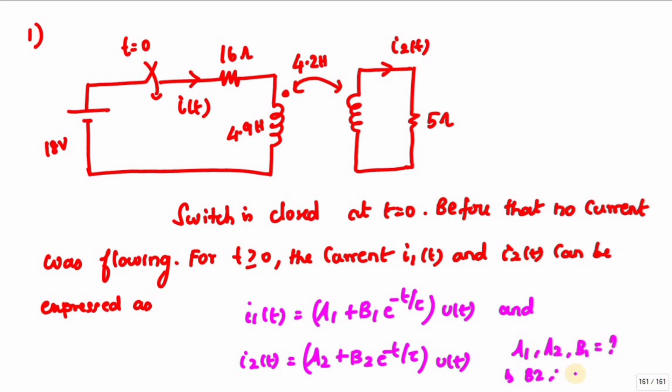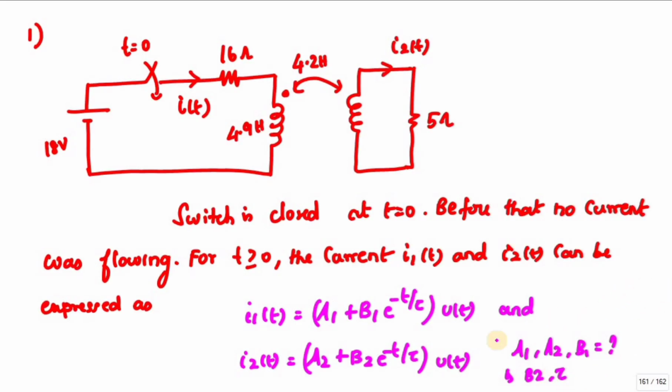Here the tau value is L by R. Based on this question, first let me assume the switch is closed.